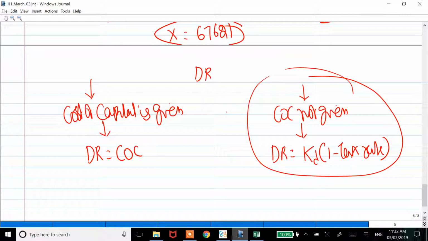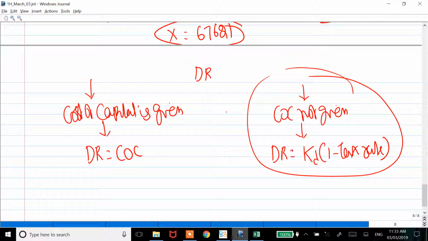I could have done it that way, but I'm doing it this way. 90% of the answers the Institute will do at COC. Some solutions will be at after tax cost of debt. And if the problem is silent, that's great. If the problem is silent, I go ahead and do it at after tax cost of debt. I'll not worry about all of this.